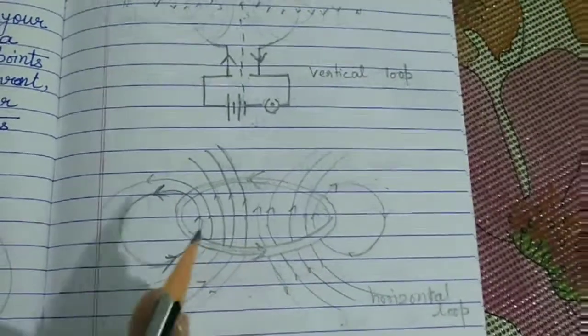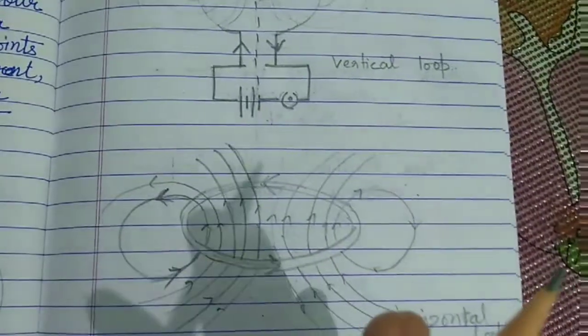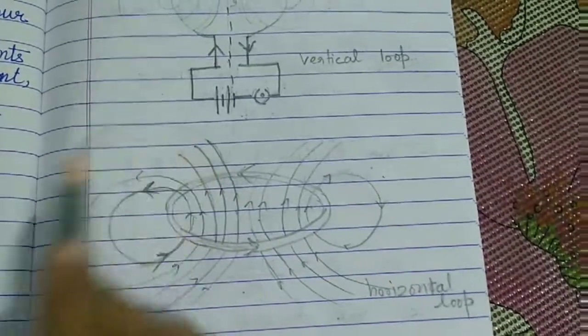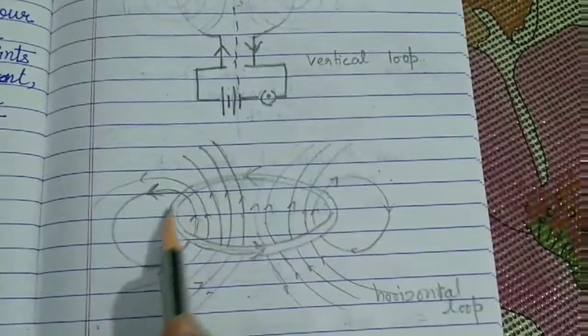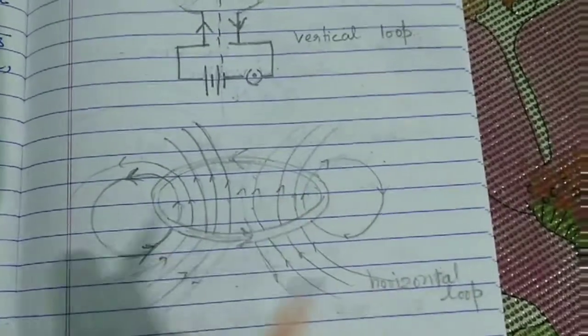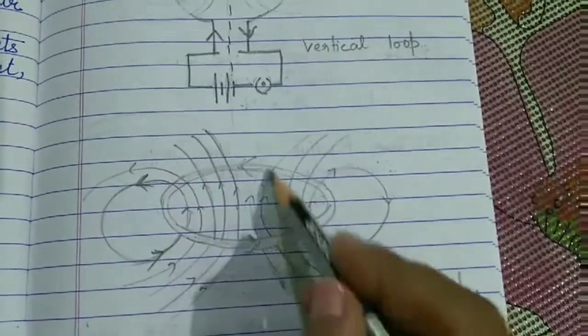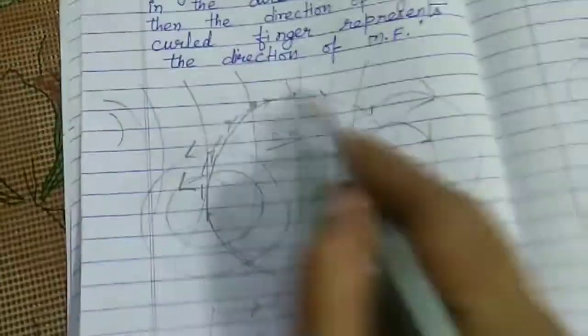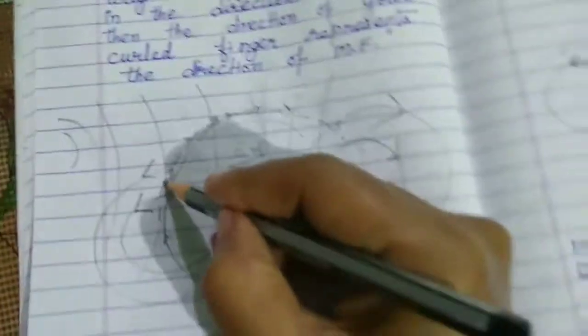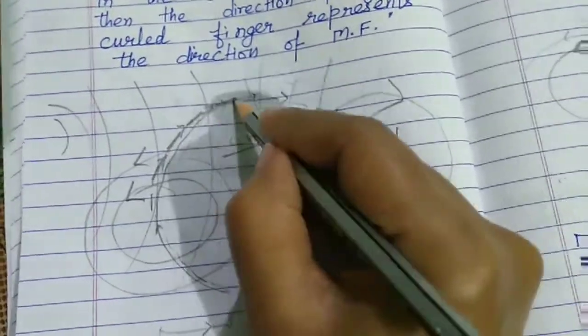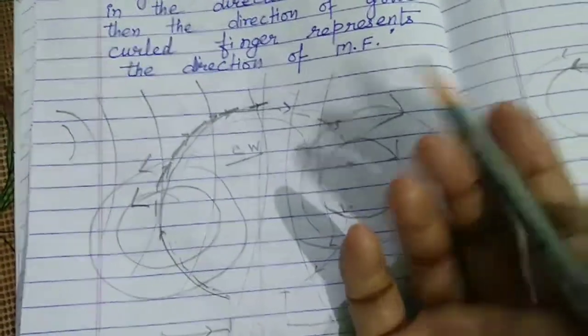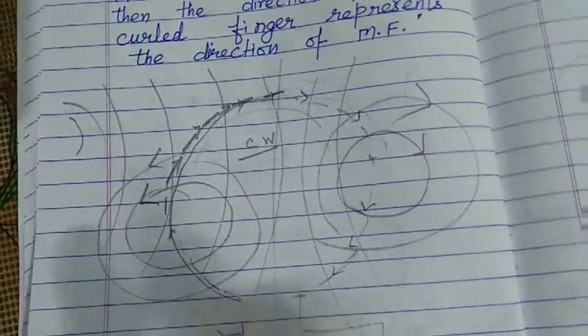Though they are not actually straight, they are forming the loop like this, but if we watch only inside the loop, it will appear that the magnetic field lines are straight lines. Again, as we considered the parts of the loop, we considered each part as a straight current carrying conductor and then calculated the magnetic field.